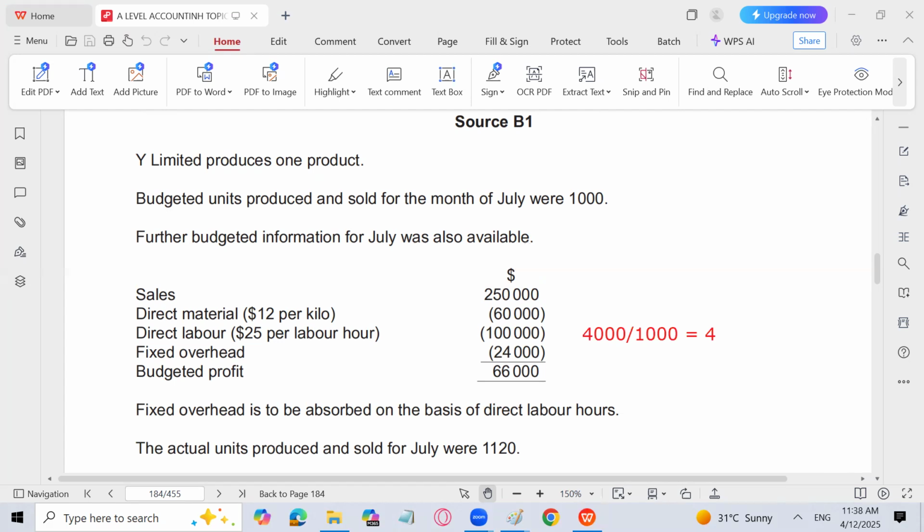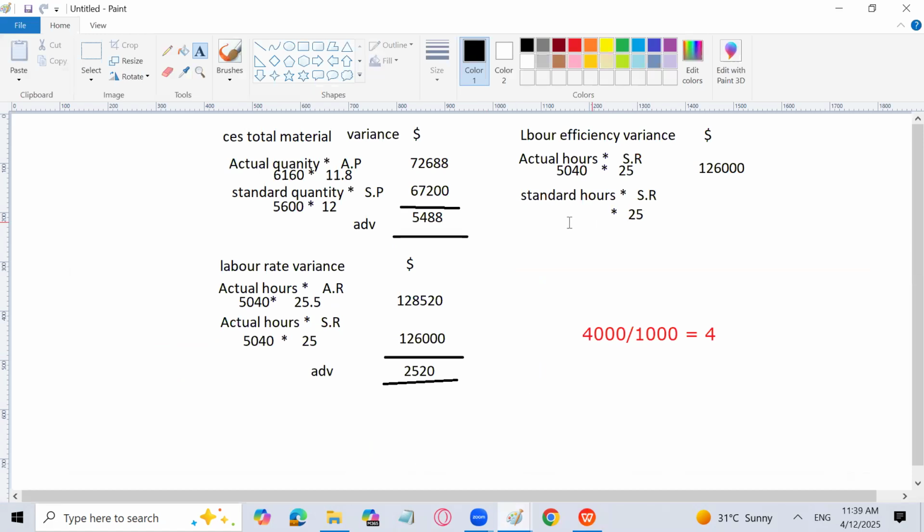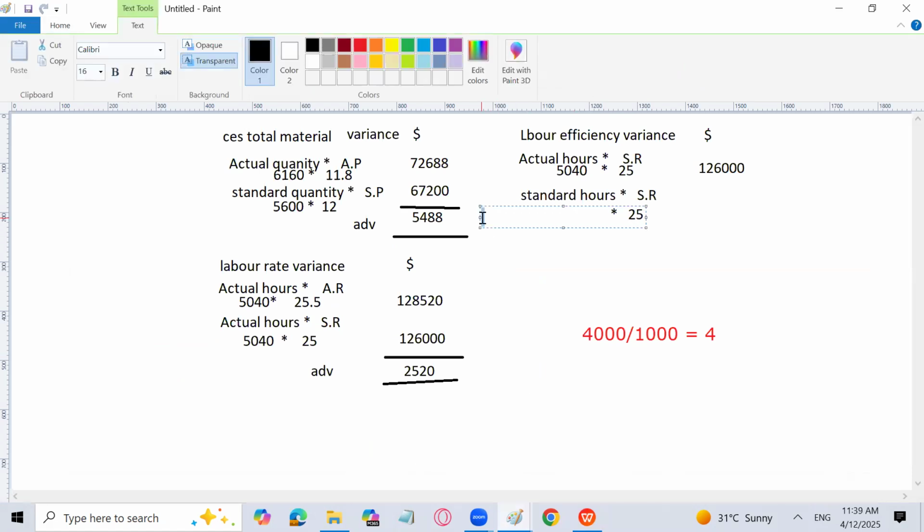So let's do that now. The actual units are 1120, and according to standard, each unit requires 4 hours. So the standard hours are 4480.